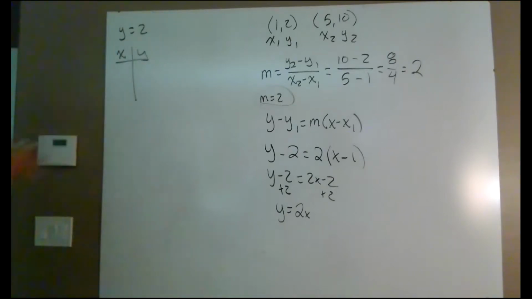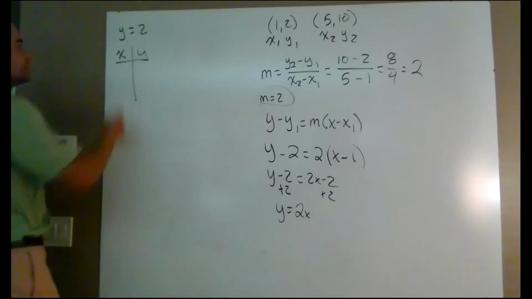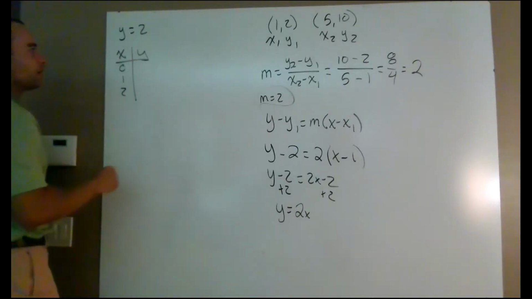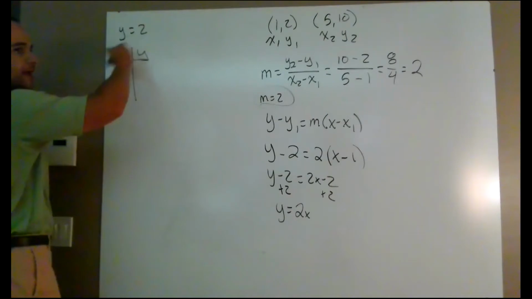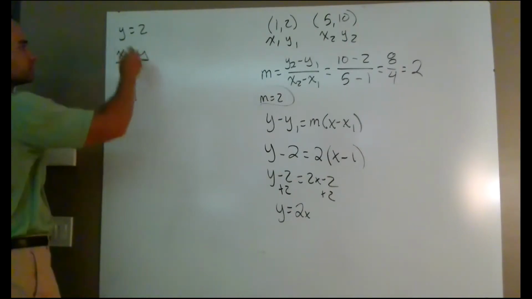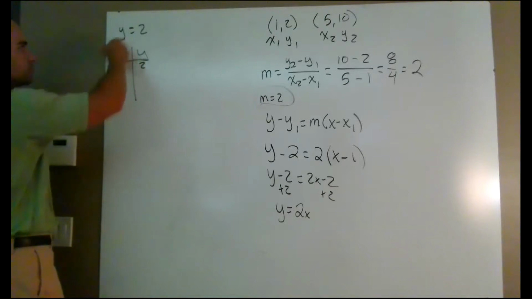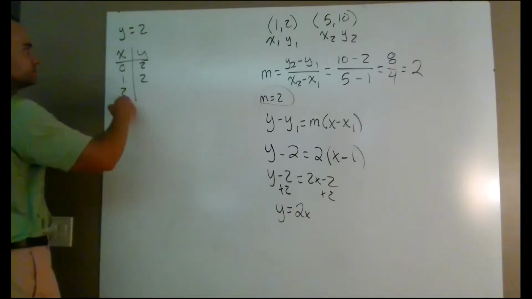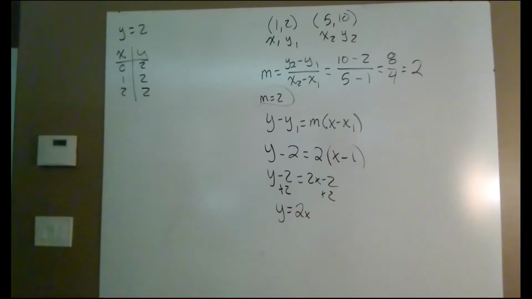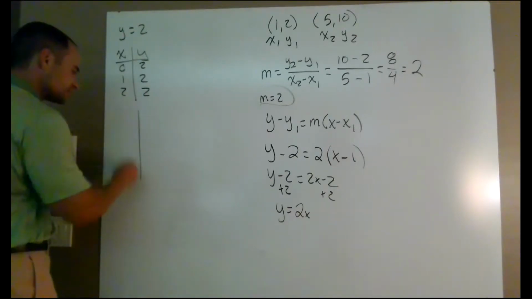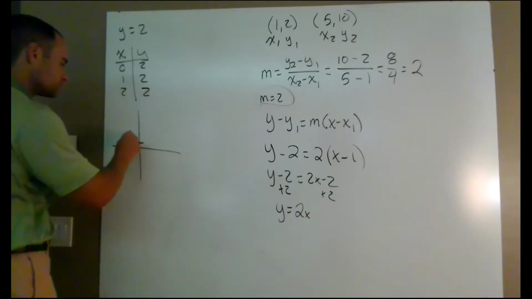When I create an xy table, I can let x equal whatever I want, and then see what happens to y. Well, y is equal to 2. When x equals 1, y is still equal to 2. Y is always equal to 2.